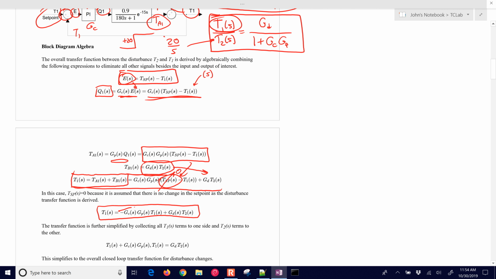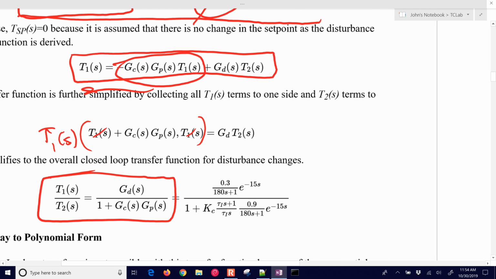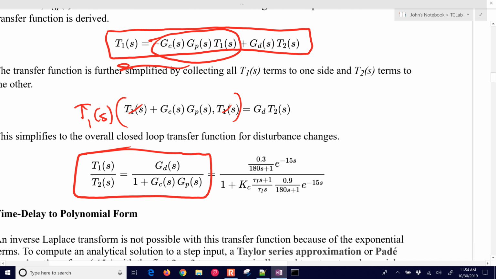And then if I move this term to the left side and factor out T1 of S, and then divide through, I get something that looks like my direct divided by 1 plus the loop, and then I can plug these in. This is actually going to be GC here instead of KC. Alright, there is my transfer function.